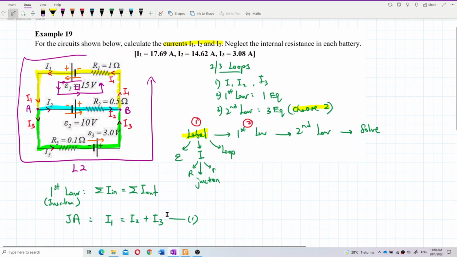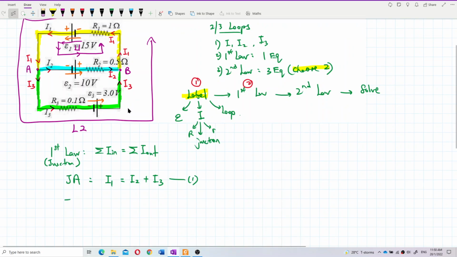So why can I build this equation easily? Because I did my first step: I labelled my current at the junction. With this label, I can easily build the equation for my first law, current in and current out from junction A. Easy, isn't it? You can choose junction B also.